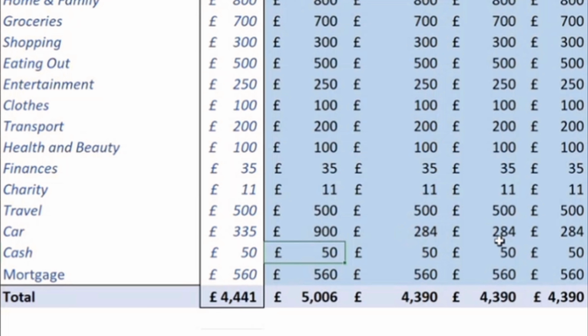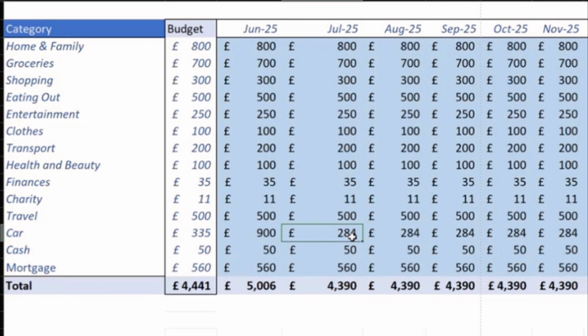You can see now that for the rest of the year, her budget is reduced because she spent quite a lot of it in month one. Now, let's imagine in the second month, she doesn't spend anything on the car at all. Then the budget goes up again. She spends nothing the following month, and the budget's back up to pretty much where it was earlier on. So that's helping her to understand where she is with a budget over the period.